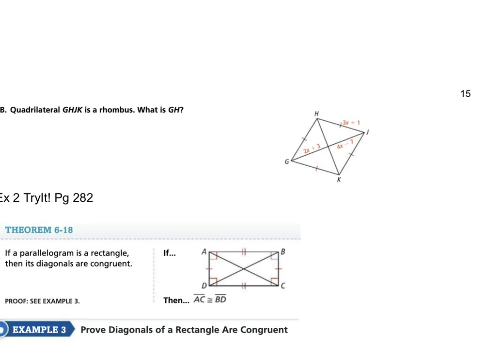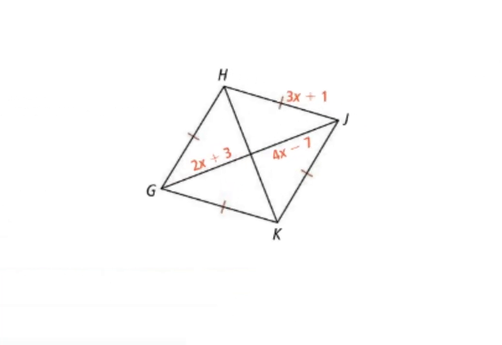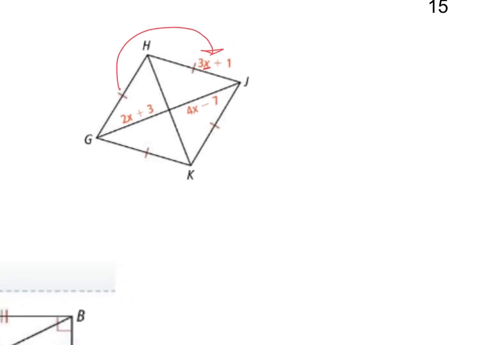Okay, so this says, what is GH? So GH is this length here. It doesn't tell us any information about that, other than because it's a rhombus, we know it's the same as HJ, and HJ has X in it, so we're going to use the other expressions to find X. And we know that in a rhombus, diagonals bisect each other.